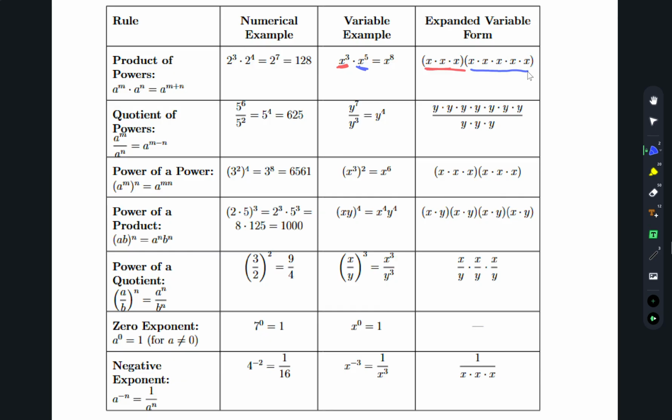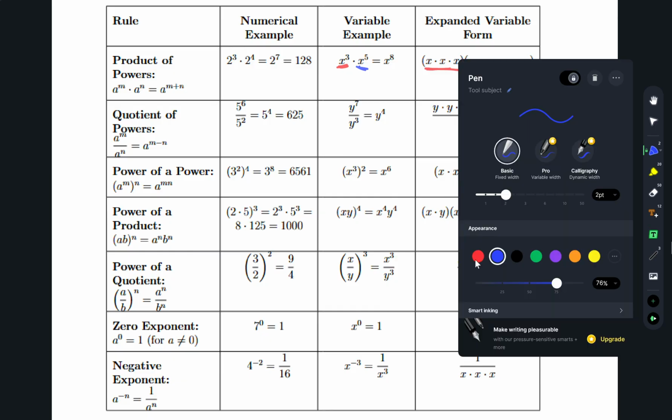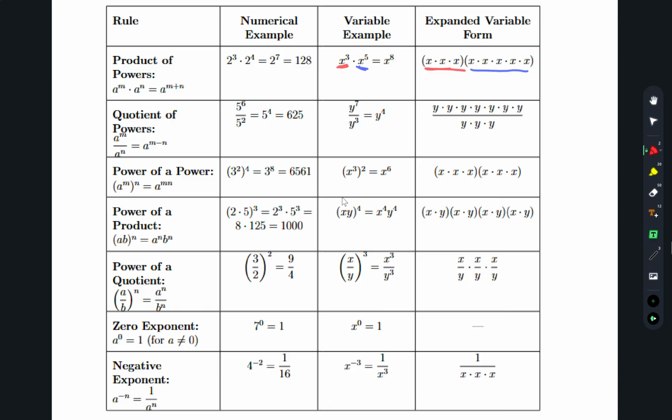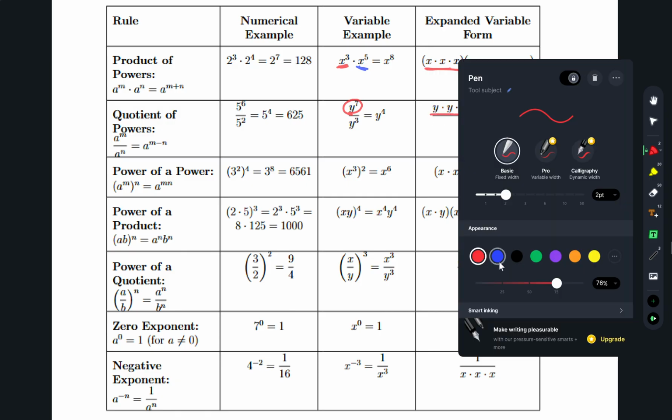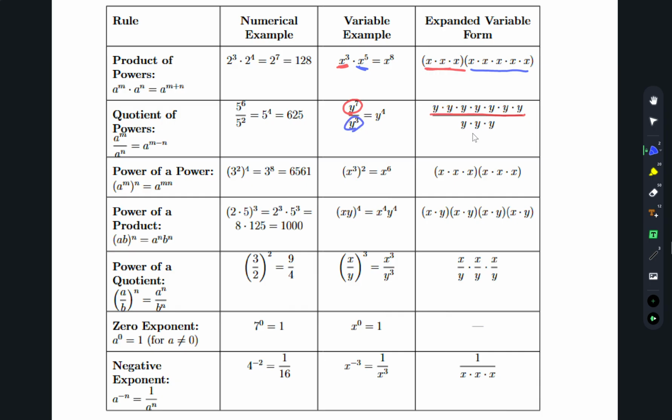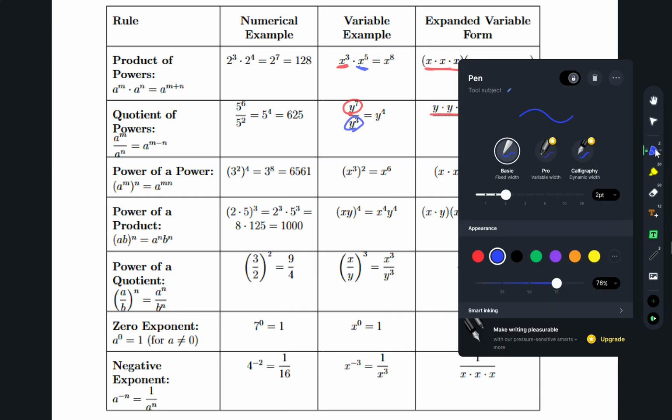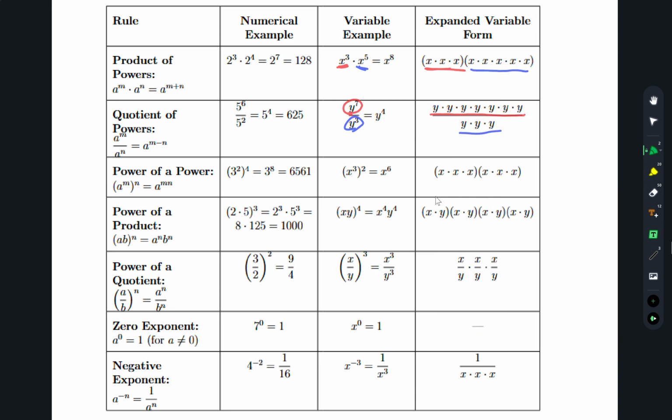Same with the quotient when you're dividing them. I think of how many are going to be left on the numerator versus denominator. Technically you subtract the powers, that's what you're supposed to do. But really what I figure out is how many y's are on the numerator, how many y's are on the denominator, and then kind of the same reasoning as the integers, how many are going to be divided out.